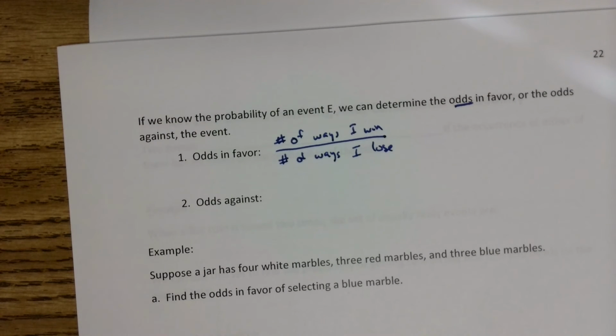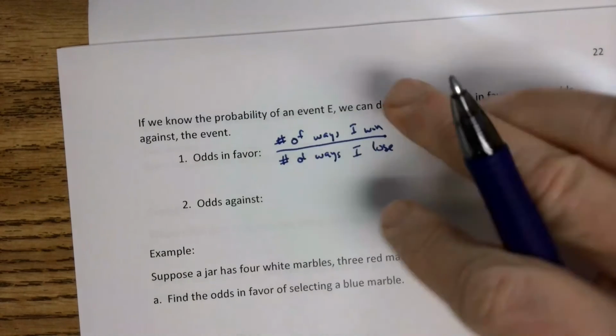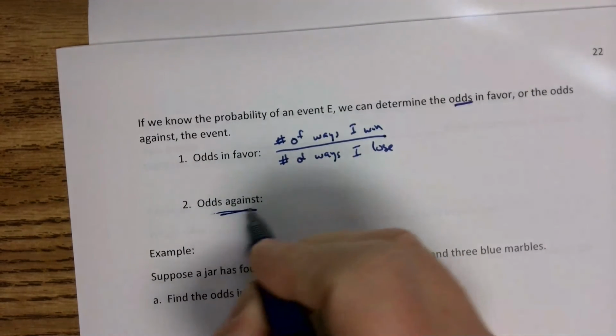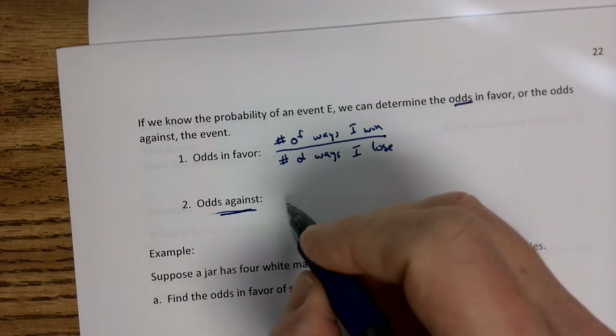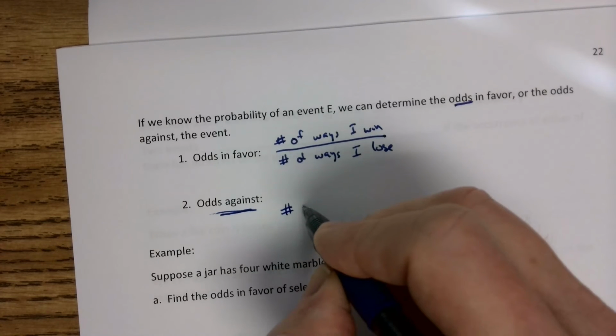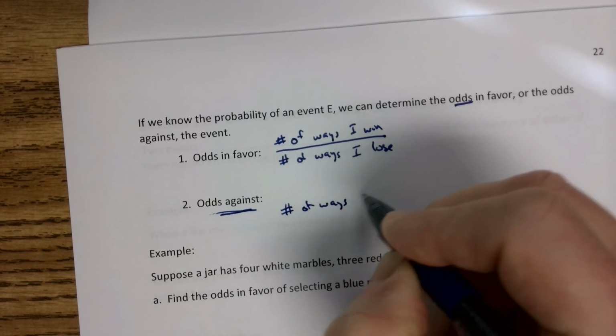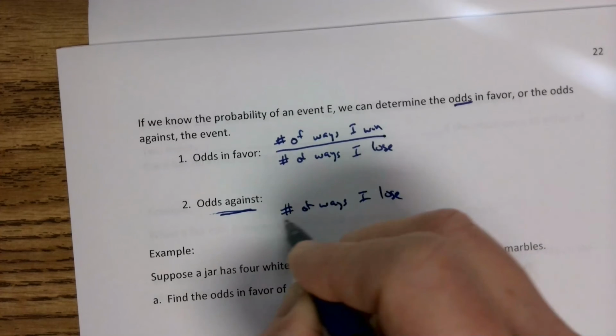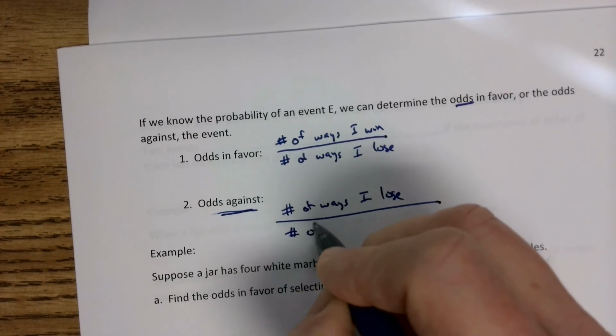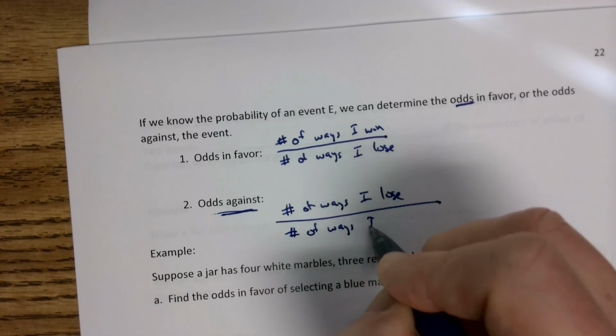And I really wish we would not do odds. And if you need to flip this over to odds against, if you're going to go against me, number of ways I lose divided by number of ways I win.